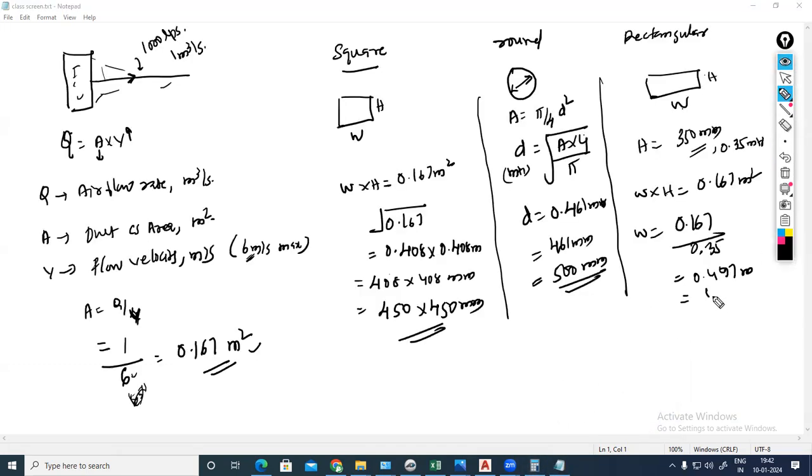So that will be 477 millimeter, or you can round that to the nearest multiple of 50, that is 500 mm. So your duct size will be width first, height second. Width only we have calculated, height we have assumed. So duct size will be 500 into 350.